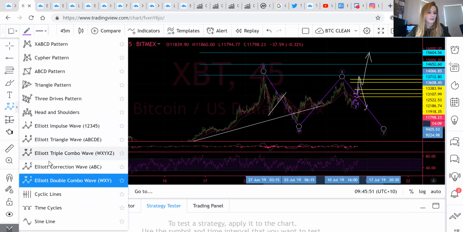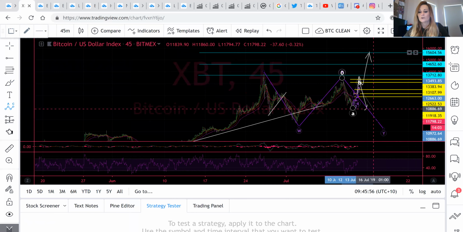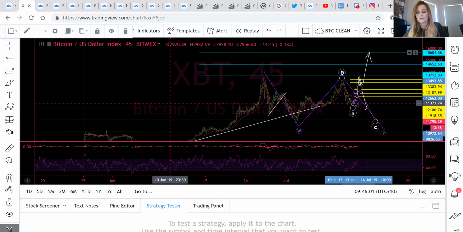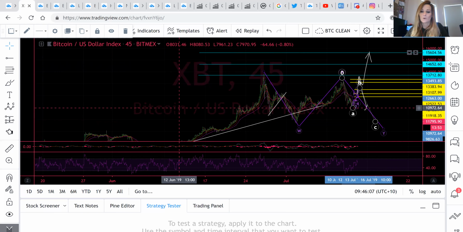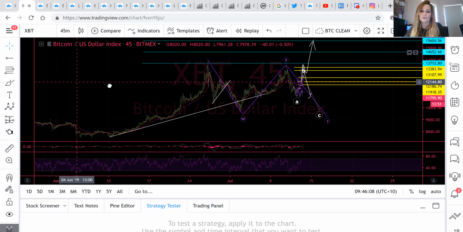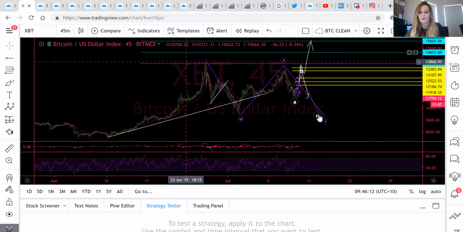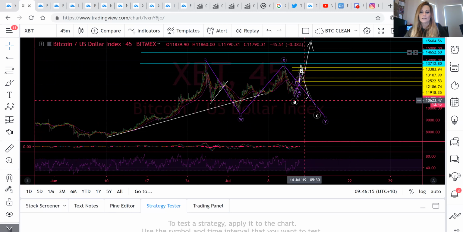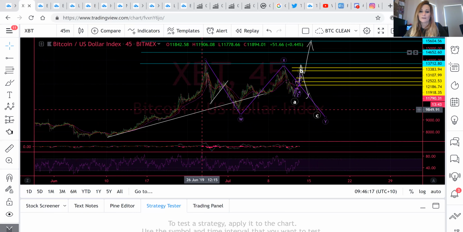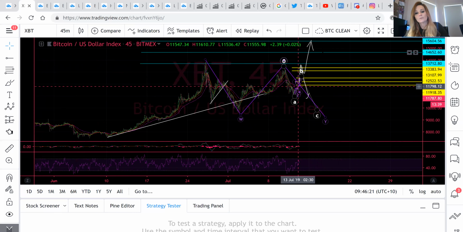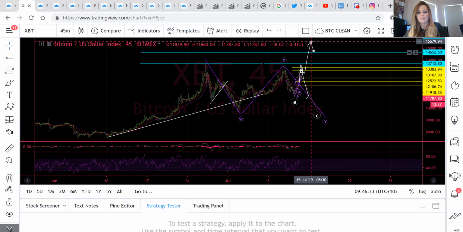If we turn at around the 12,200 mark and we don't continue higher, then this is going to validate our WXY or our triangle. So we've still got the two patterns either way. We've got the WXY here or the triangle here, which are both valid patterns, or going up we have the triangle and we also have the impulse wave.